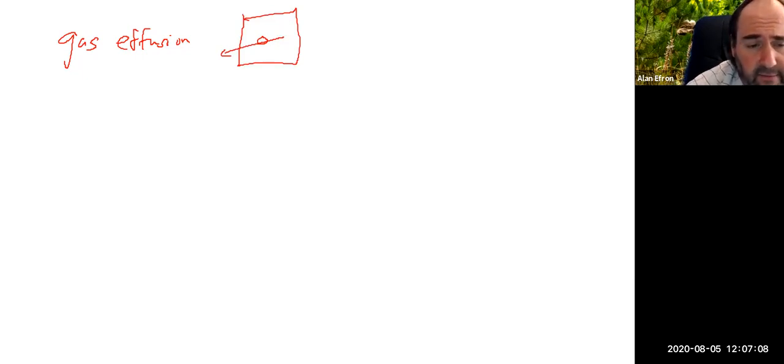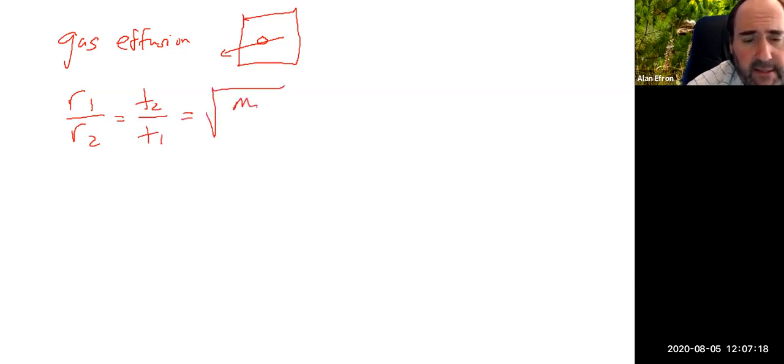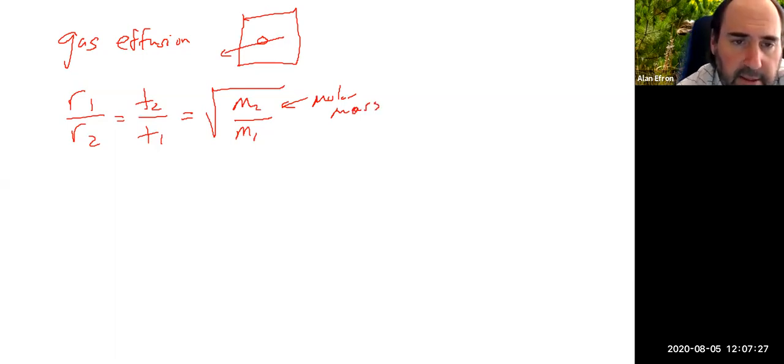And it has a similar formula to what we just saw, with rates or times equal to the square root of the molar mass of one and the molar mass of another. Again, these are molar masses in this instance. So these are a couple of things we talked about towards the end of the chapter on gases.